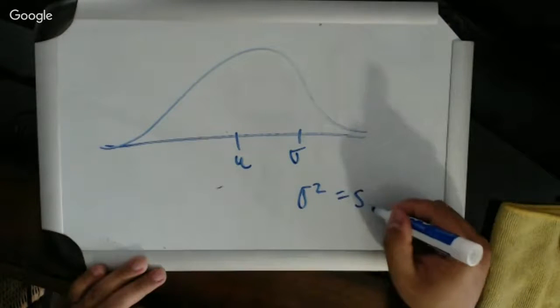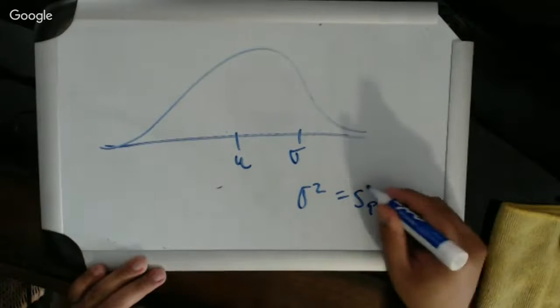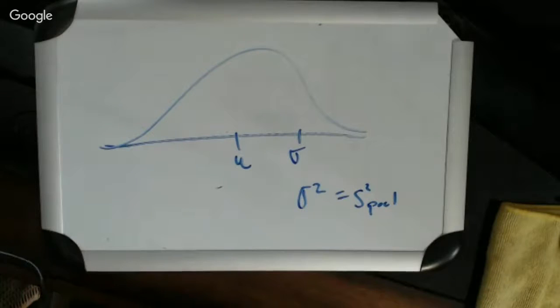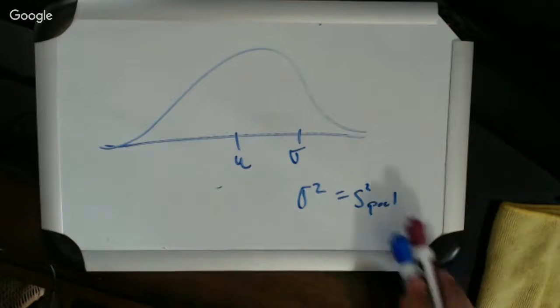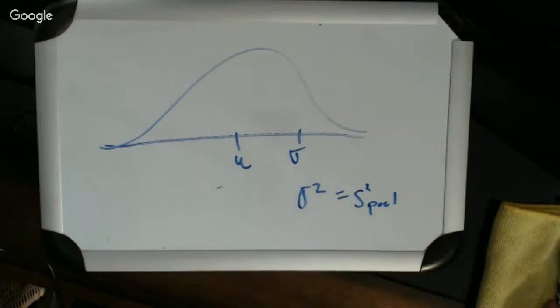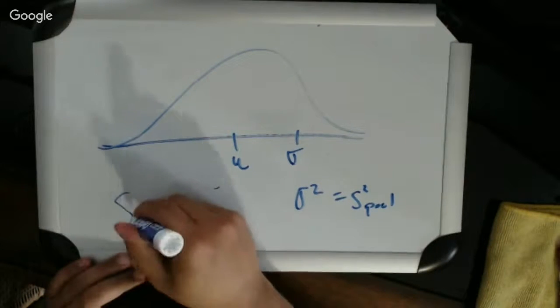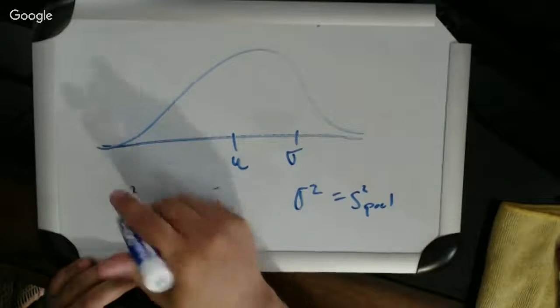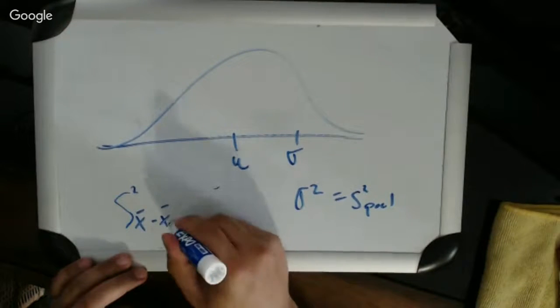S pooled. But when would it be important to know the variance? For what sort of question would you want to answer in variance? The only reason we really need the variance is when we're doing the independent samples t-test, where we need to calculate S sub x bar minus x bar.